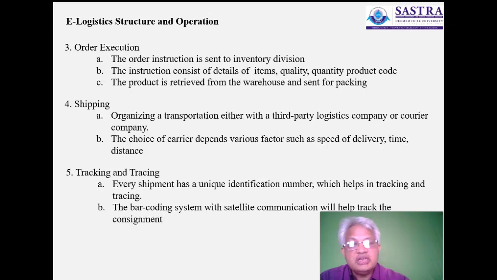This unique identification number will help in tracking and tracing the product. So there we require a barcoding system, and this is also linked to satellite communication that will help track the consignment, and customers can safely know at what date and what time exactly the product will be reaching their destination.